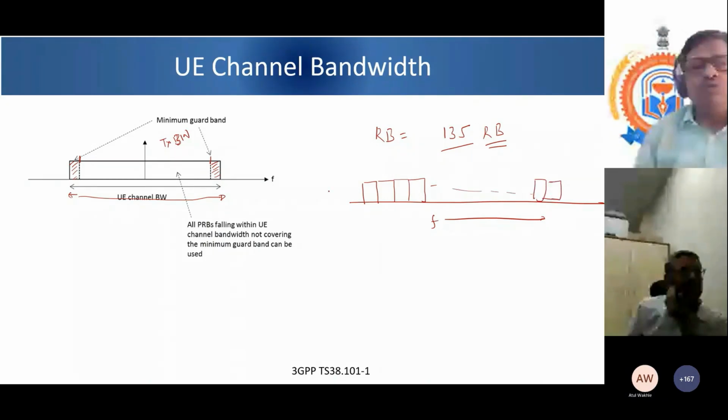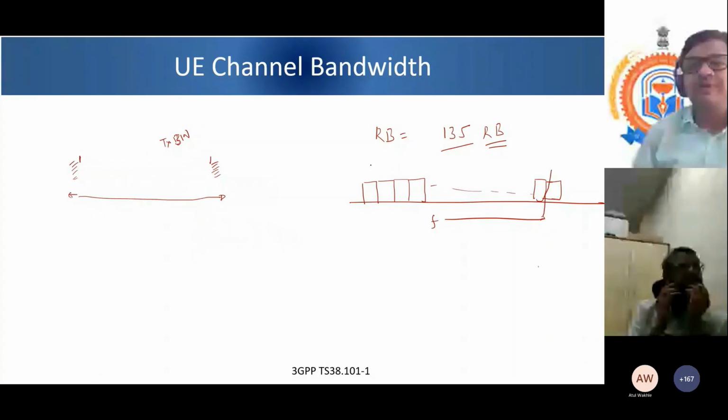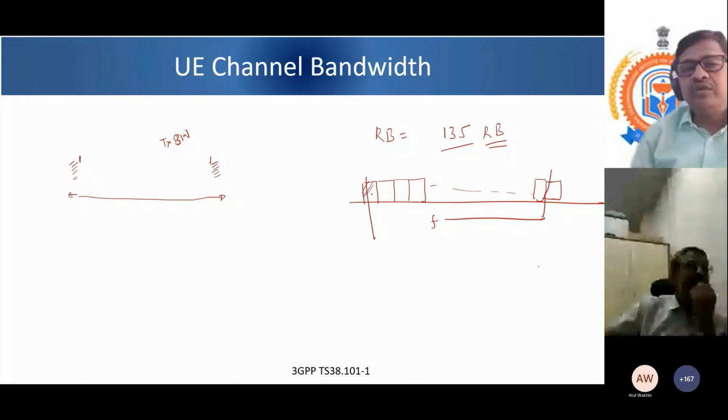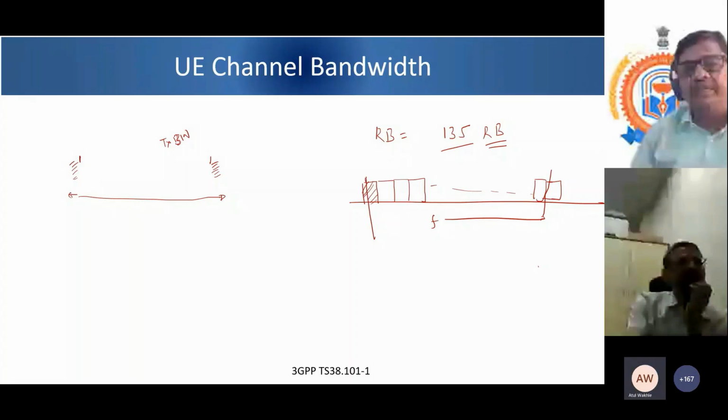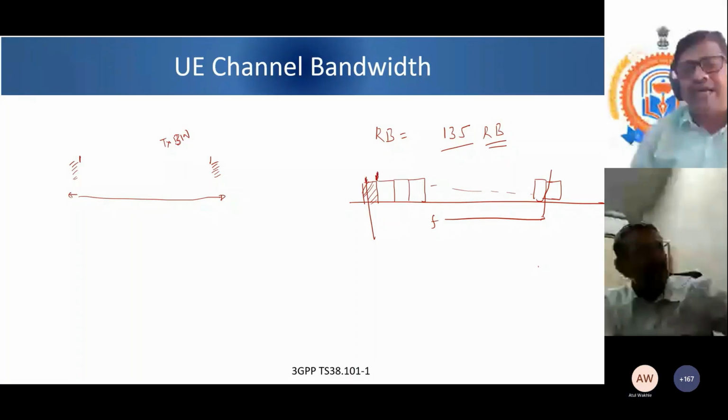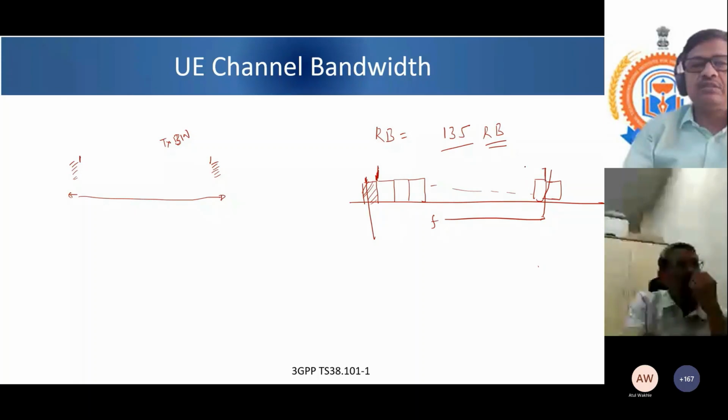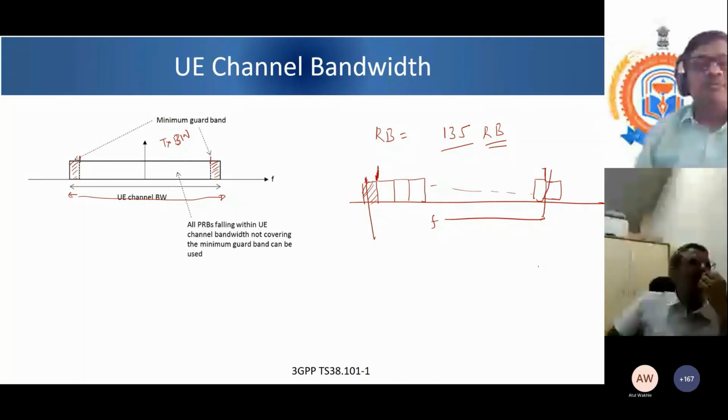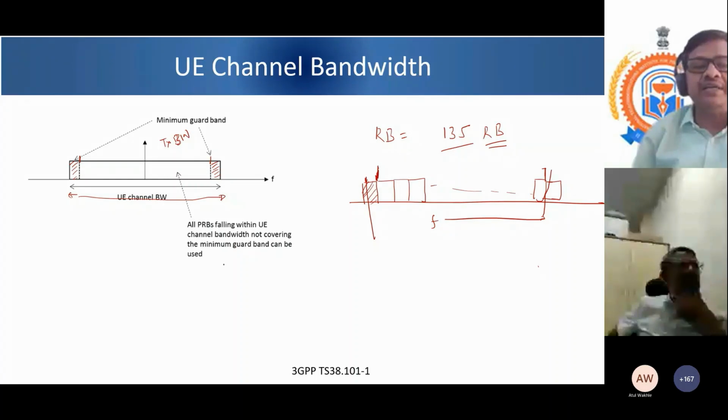But suppose your transmission bandwidth is starting in between somewhere. Then you cannot use this RB, because your transmission bandwidth starts in the middle of it. So the actual usable RBs are from here up to here. That is what is meant by: all PRBs falling within the UE channel bandwidth, not covering the minimum guard band, can be used. So these are the usable number of RBs.